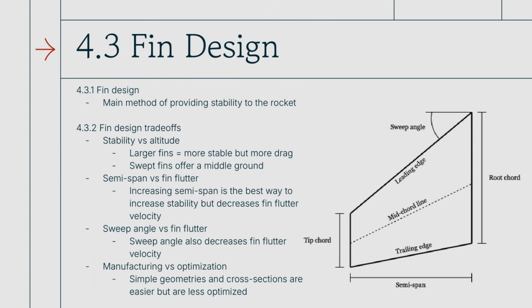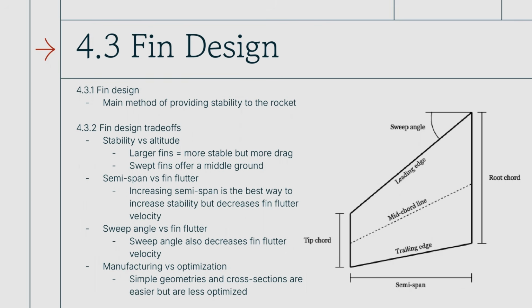Another trade-off you might have is semi-span versus fin flutter. One of the easiest ways to make your vehicle more stable is to increase the width of your fin. So the semi-span of your fin, if you make that bigger, is by far the easiest way to make your rocket more stable.